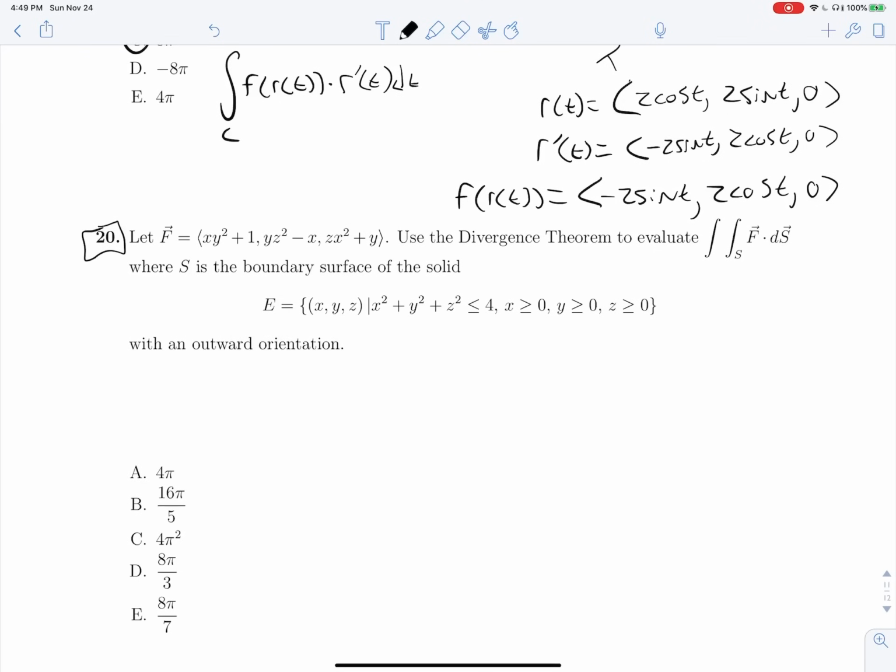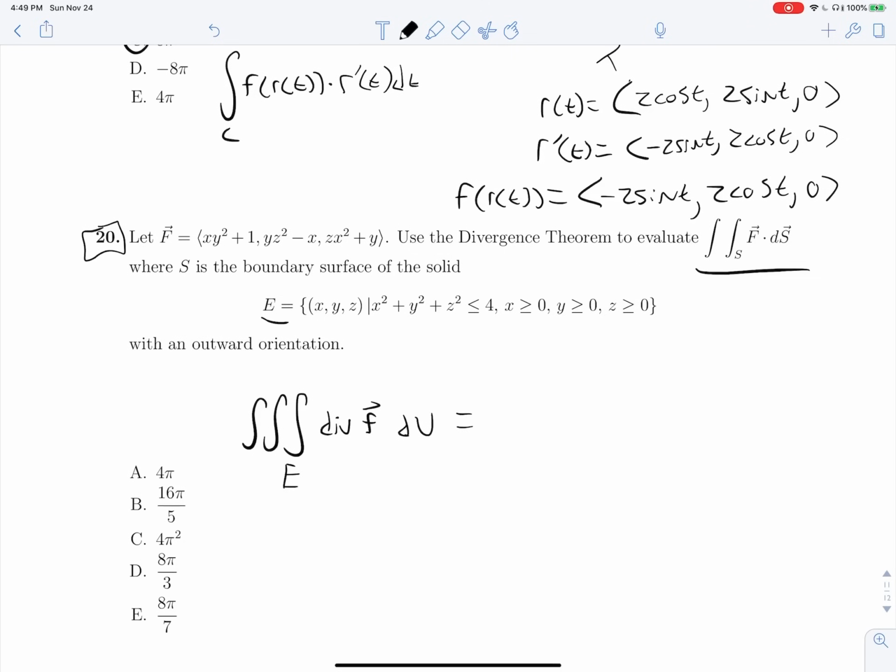We know that the divergence theorem states that this is going to be the same thing as the volume integral over, they like to call it E, oh look, they do call it E, of some region E of the divergence of f dV.